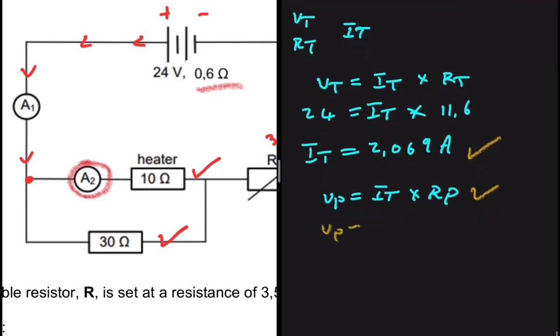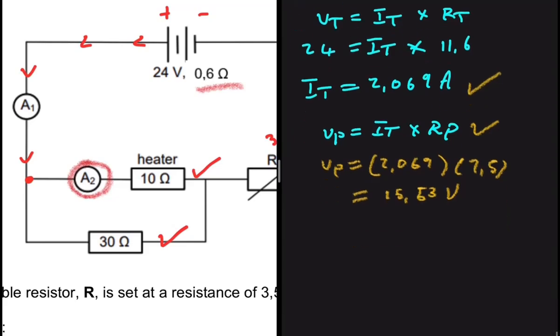So VP will be equal to 2.069 multiplied by RP. I think RP is supposed to be 7.5. And if you put that in your calculator, you should get 15.53 volts. So now we have VP.